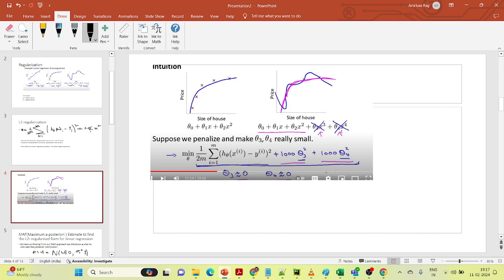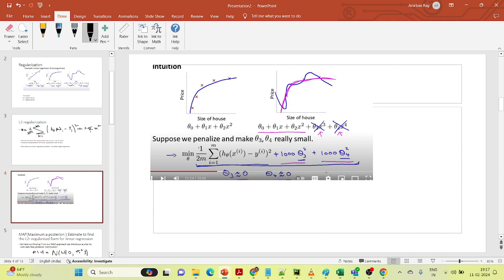Theta 4 as well, so they can overpower the total curve we have. So if we add two terms which are huge, what will happen? Suppose this is the total cost function.